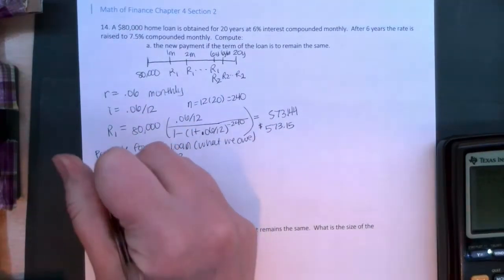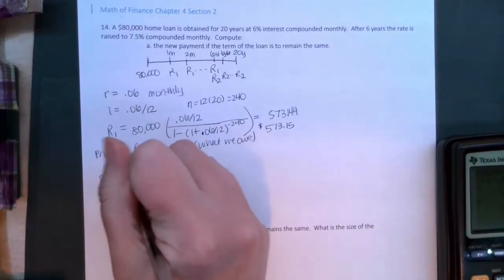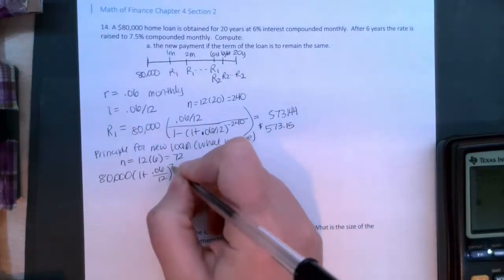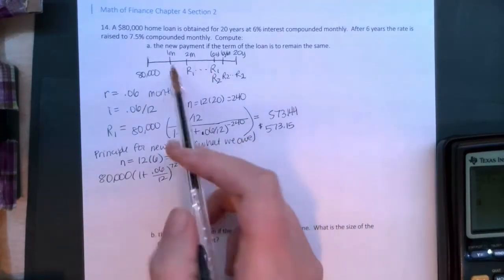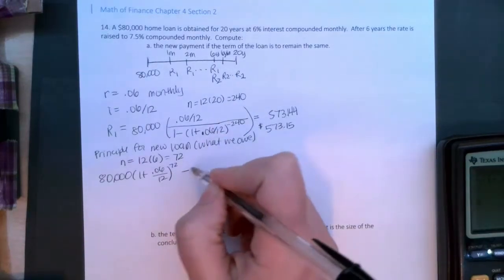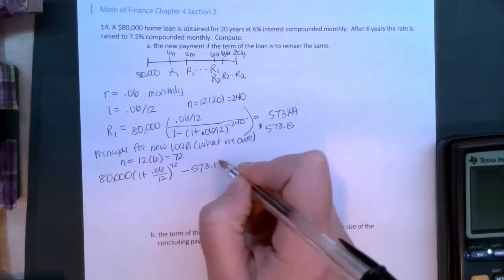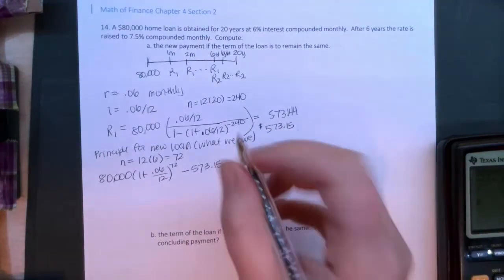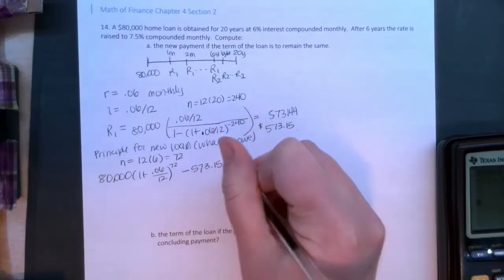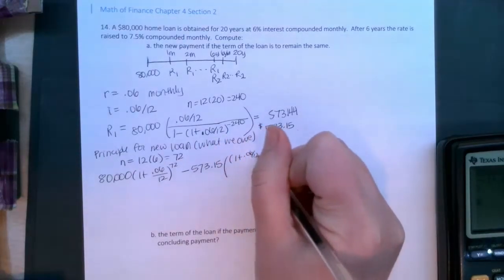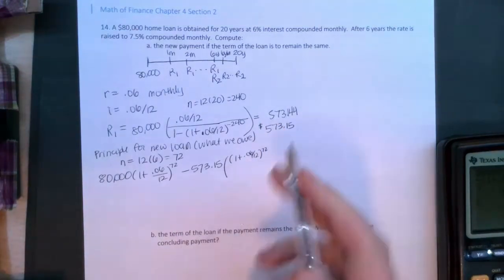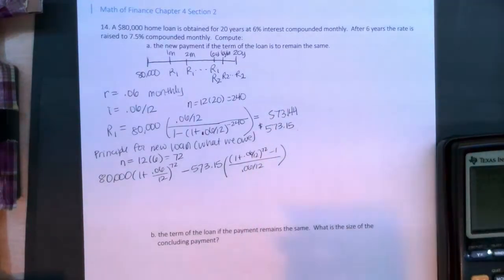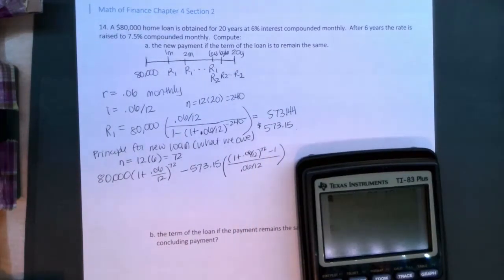So that's going to be the 4.1 formula, 80,000 times 1 plus I, 0.06 over 12, to the 72, because we're taking 72 periods forward, so that's this bit right here, minus 573.15. So this is our payment, and then that's an S sub n problem, so we have 1 plus our I to the 72, because again they're going to match this time, minus 1 over 0.06 over 12. Sorry. And when we calculate that, I'm just going to enter the whole thing in again.